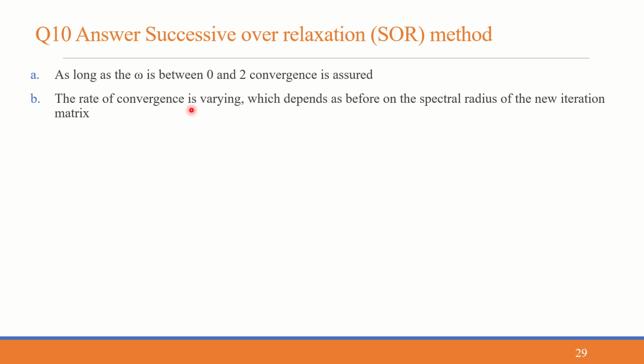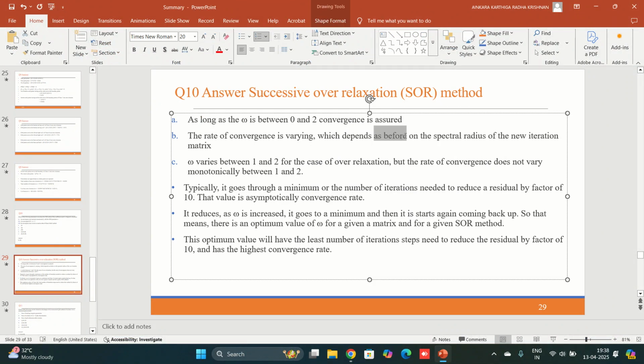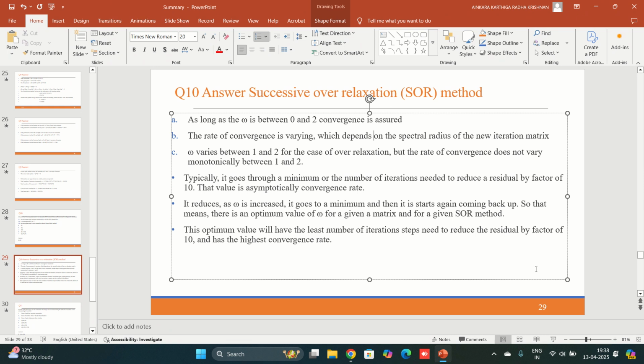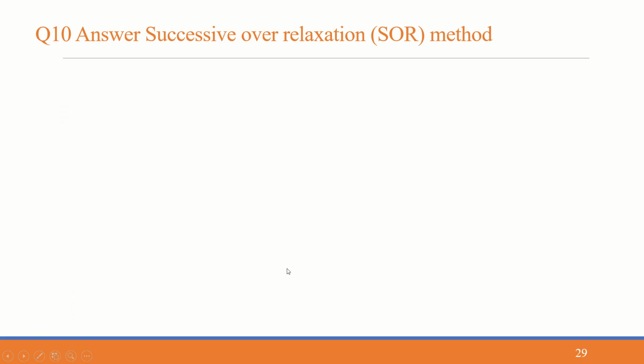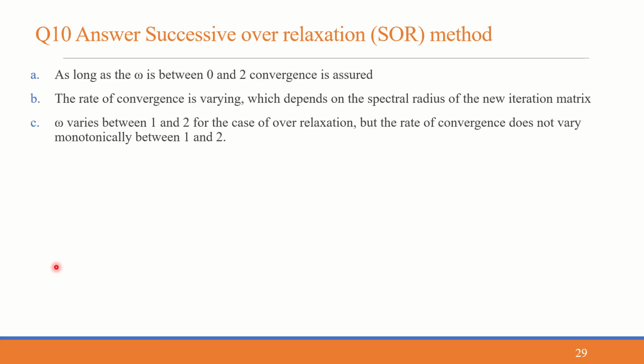The rate of convergence varies, which depends as before on the spectral radius of the new iteration matrix. Omega varies between 1 and 2 for the case of over relaxation, but the rate of convergence does not vary monotonically between 1 and 2.